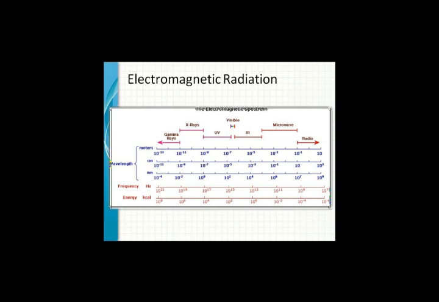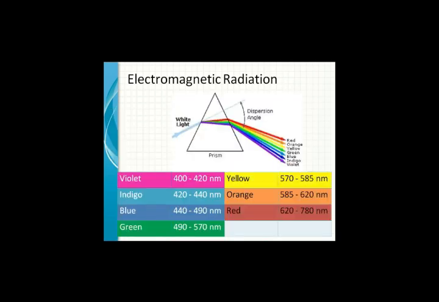When white light passes through a prism, it shows the different colors of light: red, orange, yellow, green, blue, indigo, violet.